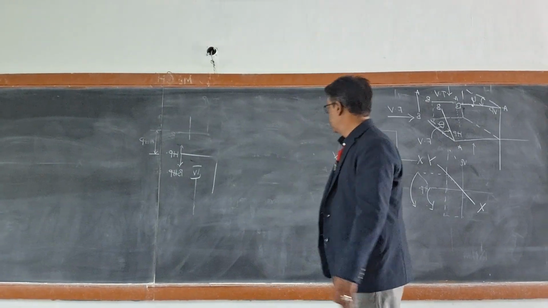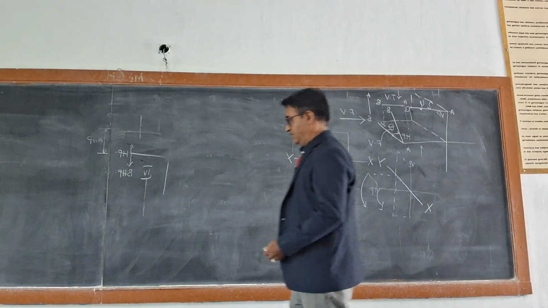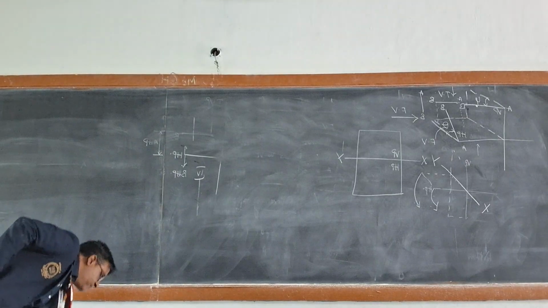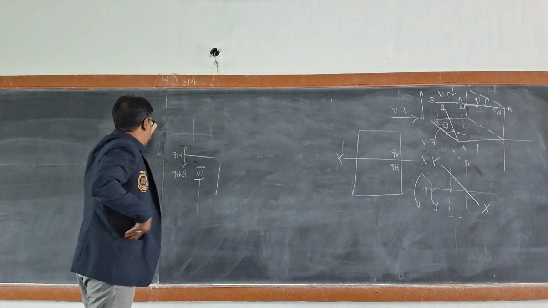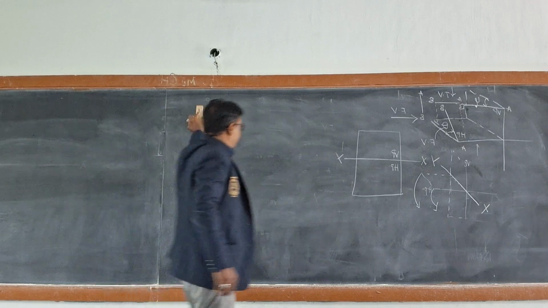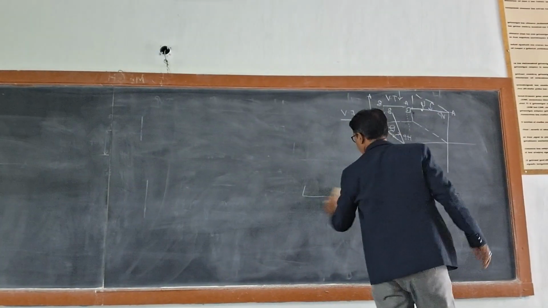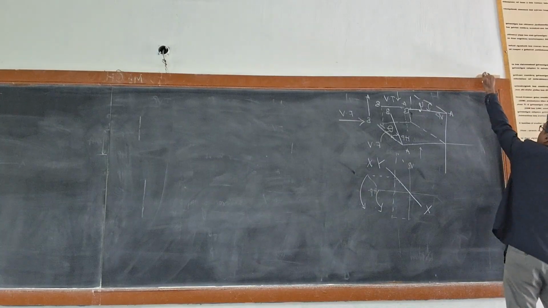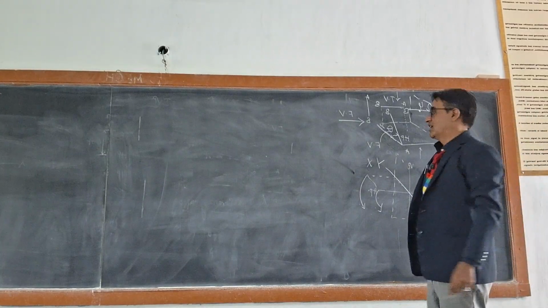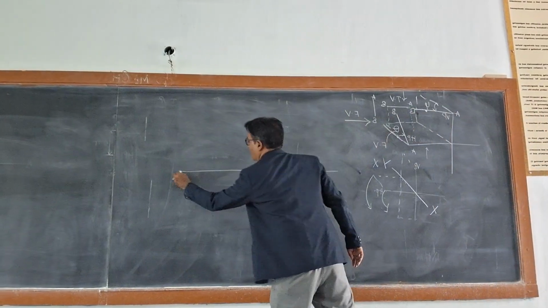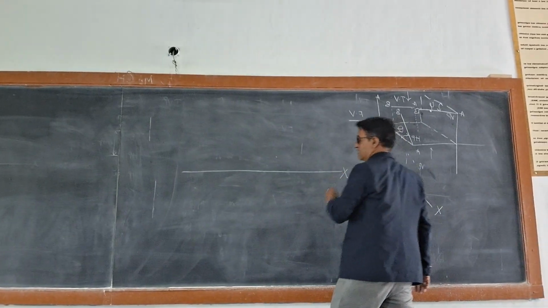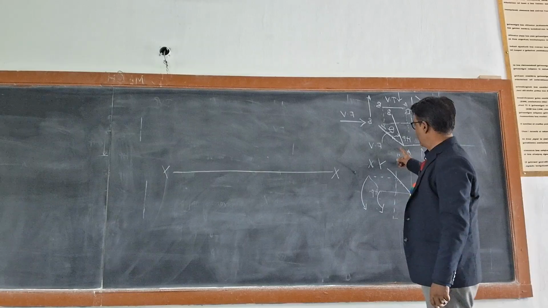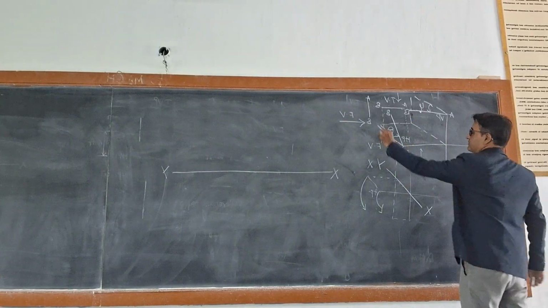Okay, now when I want to include all the very important details of this and generate the views, the first thing is I am going to draw a reference line XY, and I have told you this will be rotated.